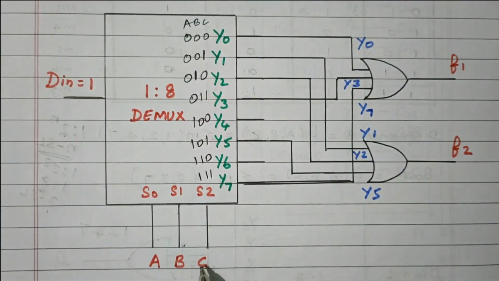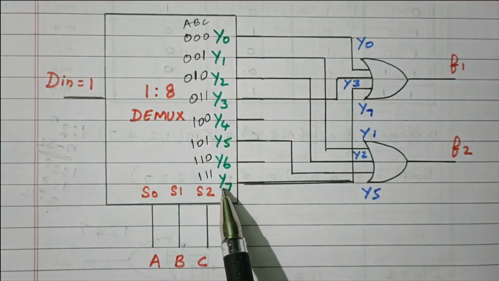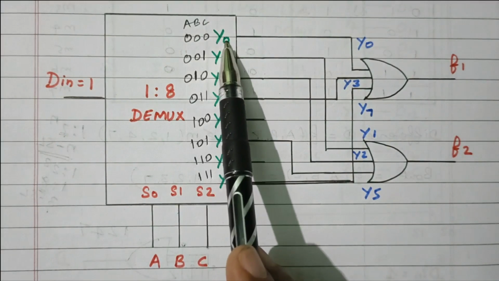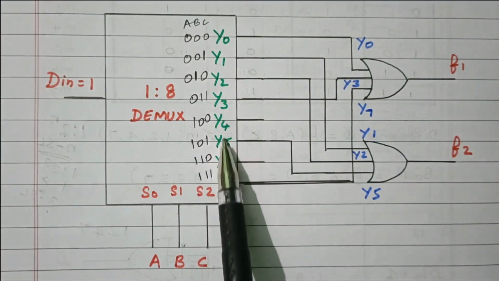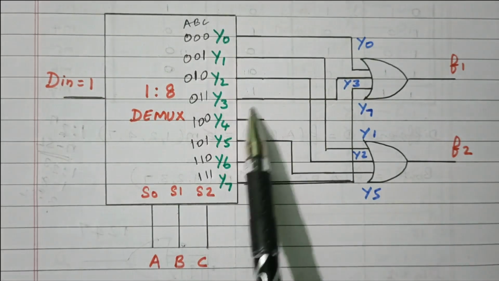So these 3 selection lines will decide which output will be high and which other outputs are low. 0, 0, 0 means only Y0 will be high, 1. All other outputs will be 0. Now we have the 8 different outputs.